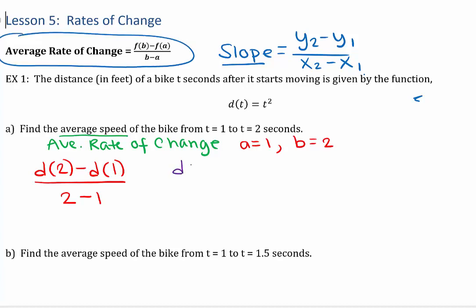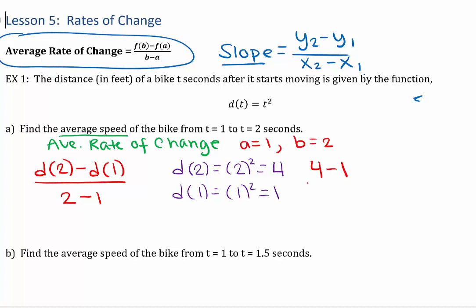In this problem, d of 2 would be, we plug the 2 in for t squared, so 2 squared is 4, and d of 1 would be 1 squared, or 1. So I'm going to take 4 minus 1, that's my change in y, divided by change in x, 2 minus 1. And that ends up giving me 3 over 1, or 3, and that would be feet per second.